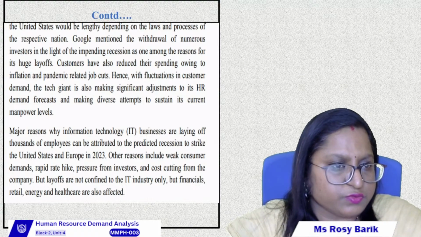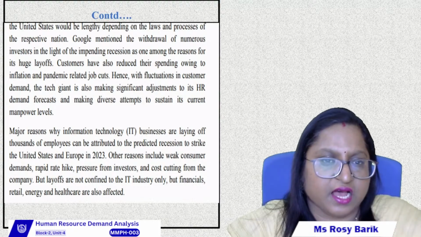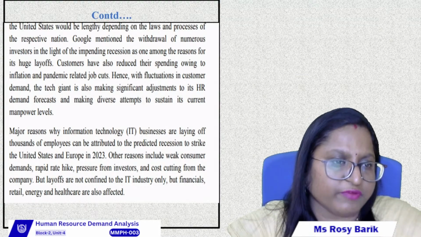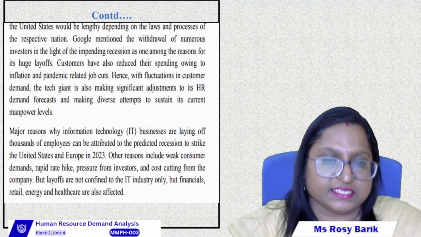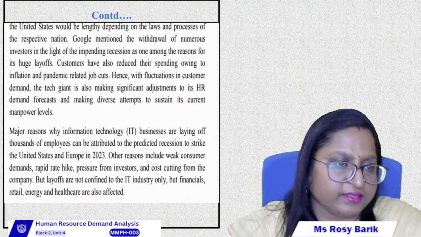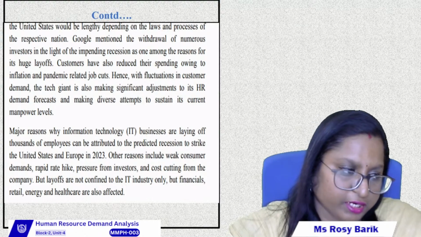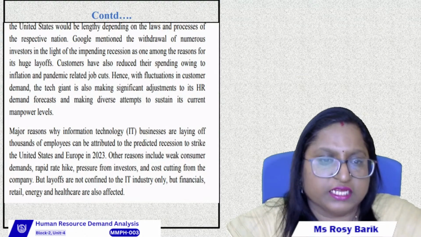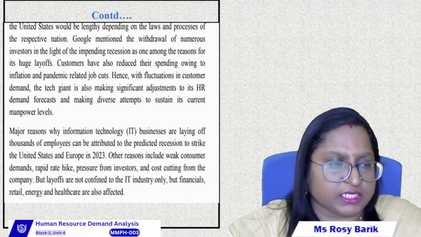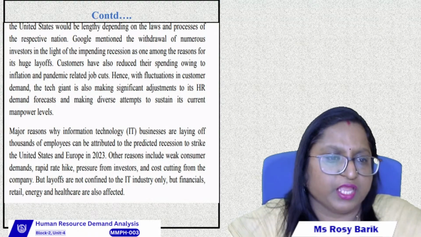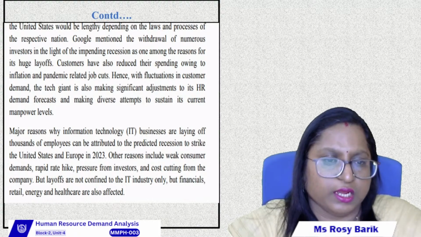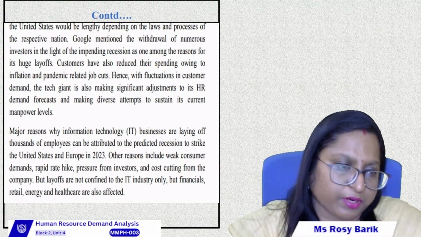Major reasons why IT businesses are laying off thousands of employees can be attributed to the predicted recession to strike in the US and Europe in 2023. Other reasons include weak customer demand, rapid rate hikes, pressure from investors, and cost cutting by the company.